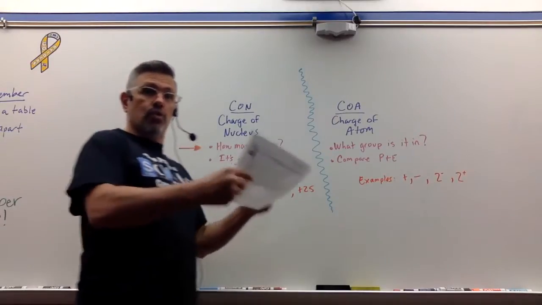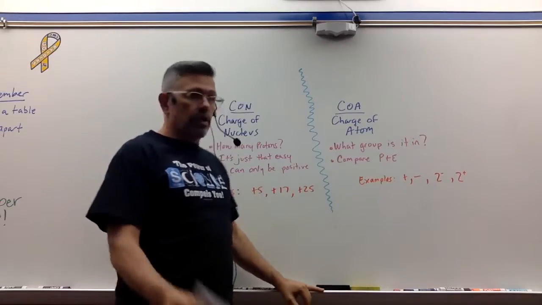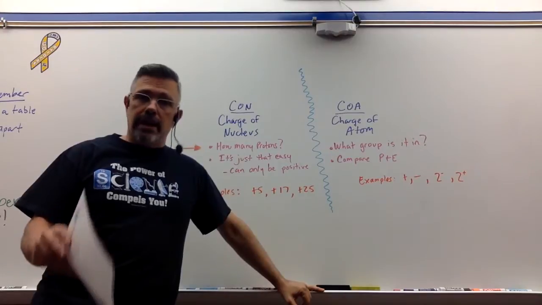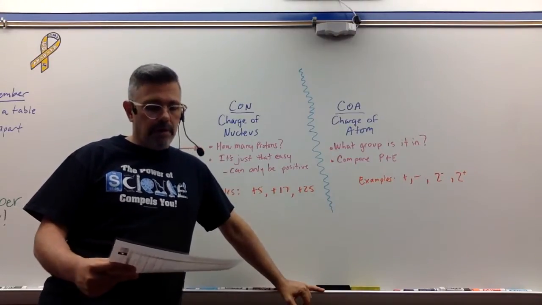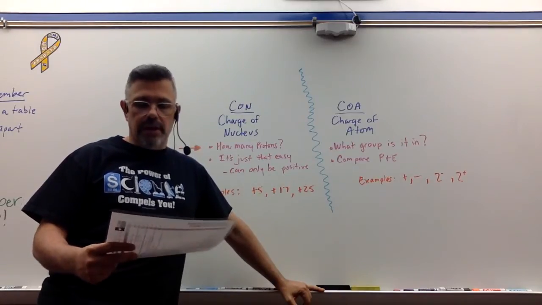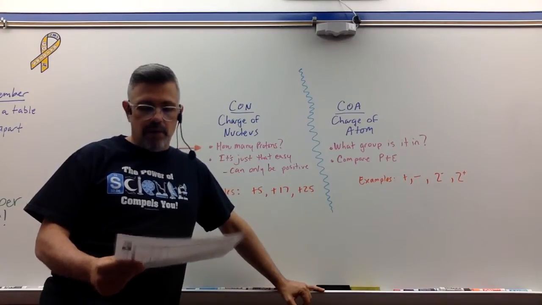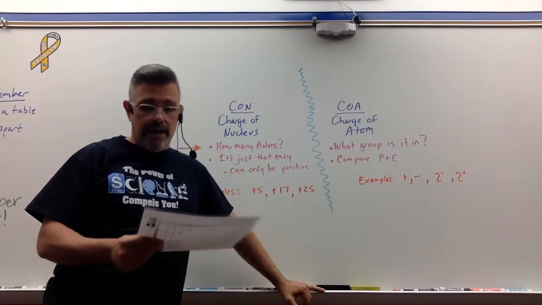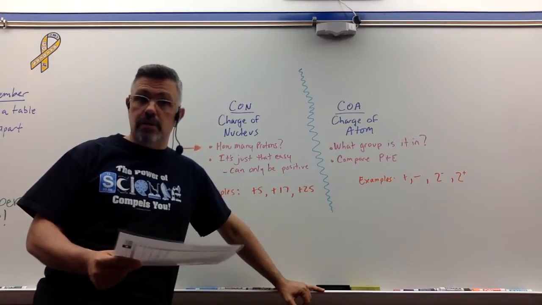So that's a perfect point. Let's transition over to the charge of the atom now. Okay? Charge of the atom is a little different. One thing that will help you is identifying it on the periodic table and figuring out what group it's in. If we're talking about sulfur, and we know that if sulfur was going to react, the charge of the atom would be minus 2 because it's in group 6.